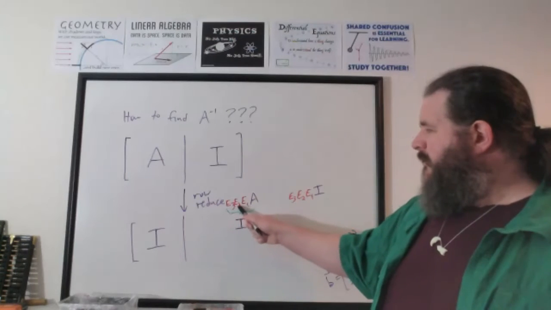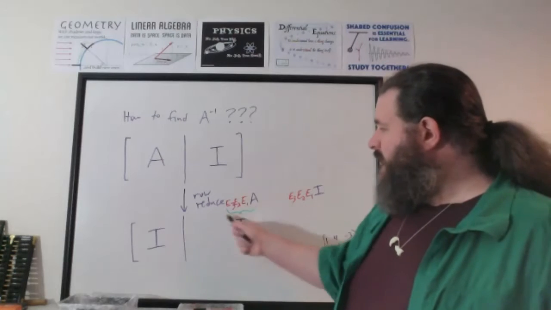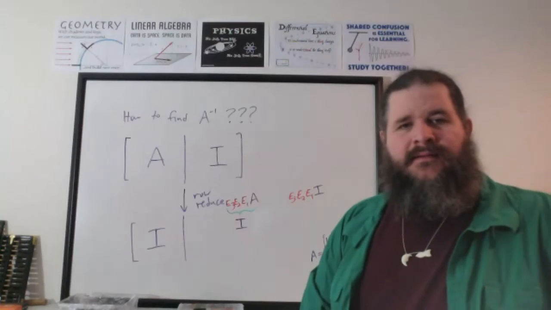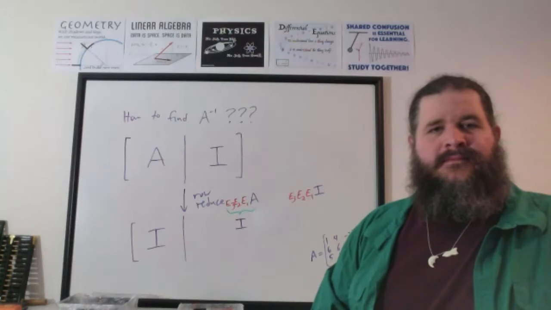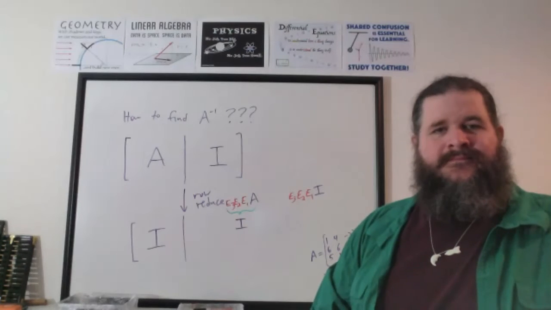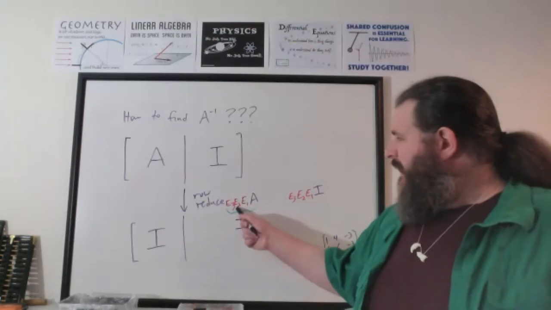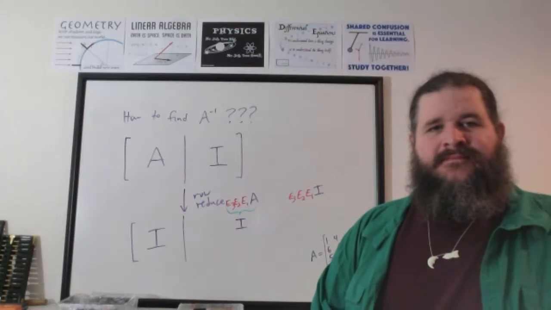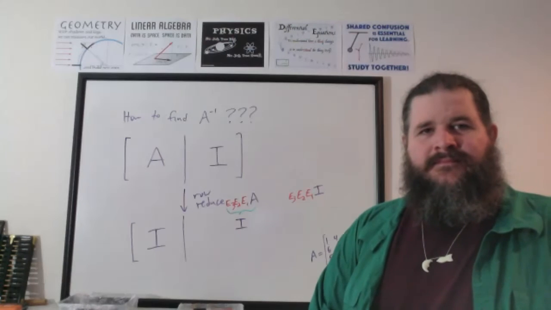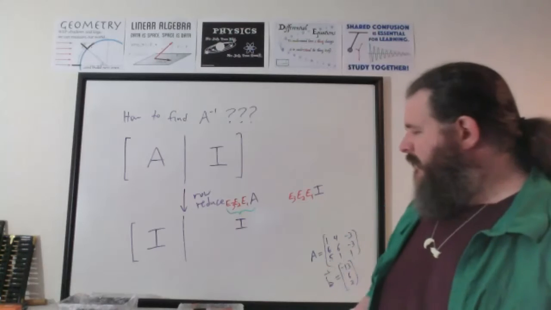If we've got a bunch of stuff multiplied by A and we get the identity matrix, what's the bunch of stuff we multiplied by? What multiplier would turn A into the identity matrix by definition? Yeah, that's going to be the inverse.